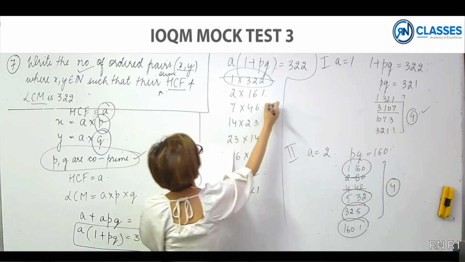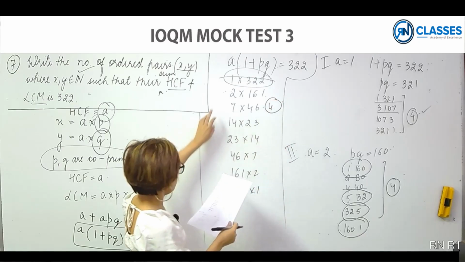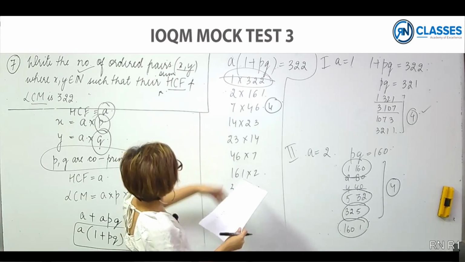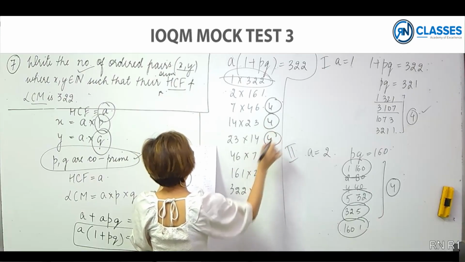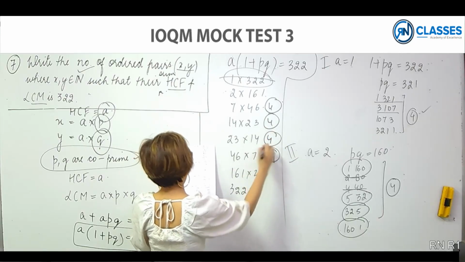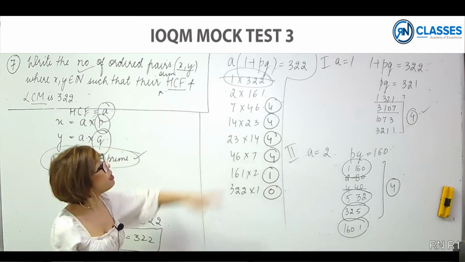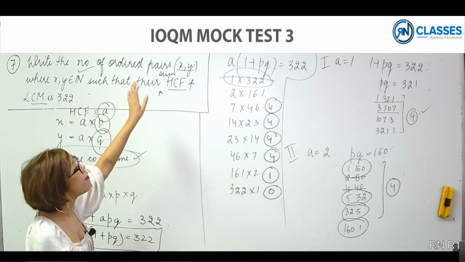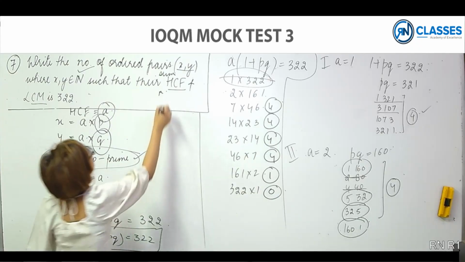You will get 4 ordered pairs from here. 4 from here, 4 from here, 4 from here, and 1 from here, and 0 from here. Right? On similar lines, you can exhaust it. And he says total number of ordered pairs, if you add these up, the answer for this question will turn out to be 20.